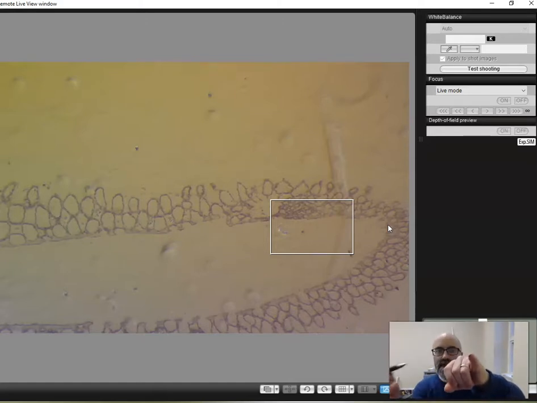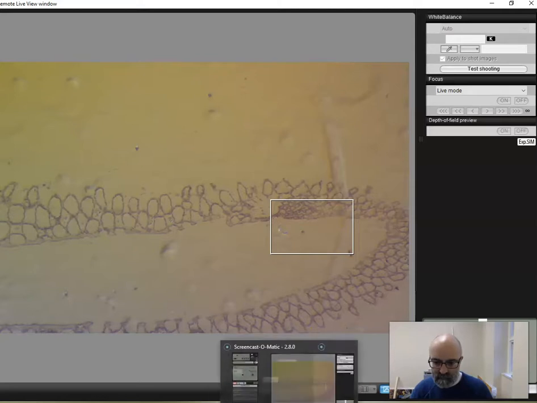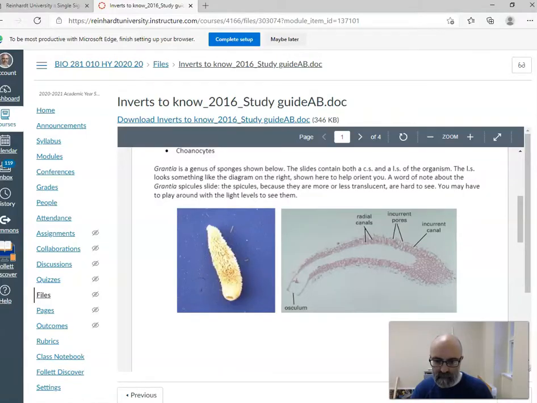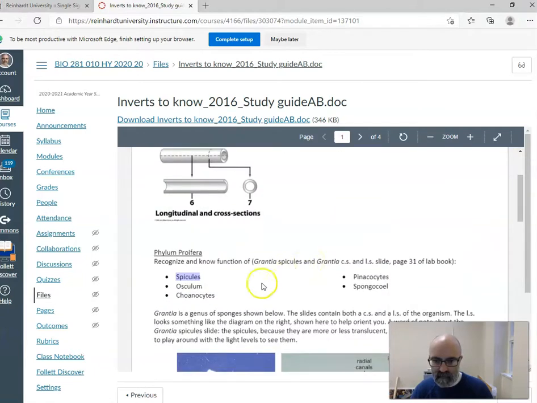If the water is coming into the sides and out through the top, and I just slice through my finger over here, I'm not going to get a section that includes the little hole at the top. That's what happened here. So this is the spongiocele. That is the osculum. You can't really see it in this section here.